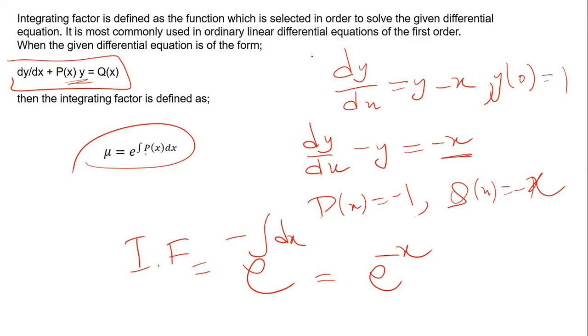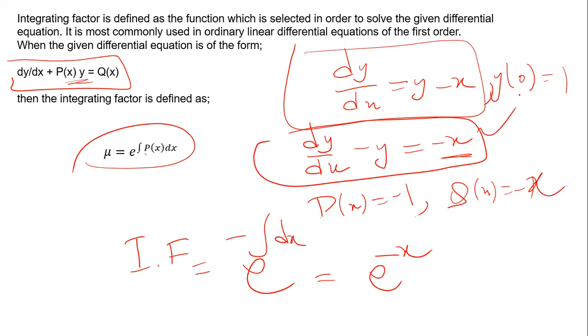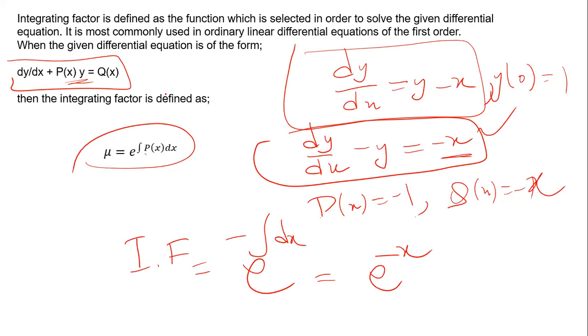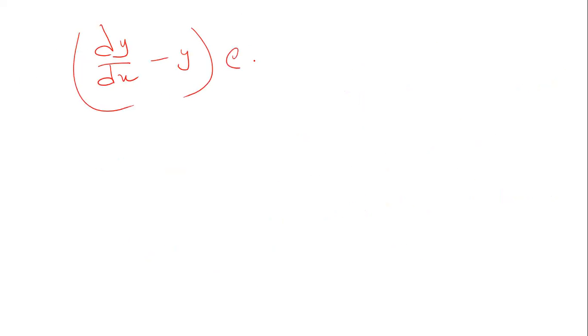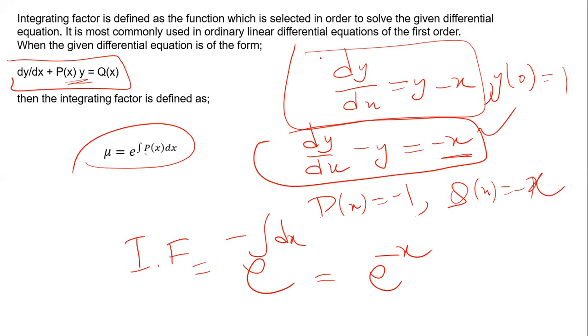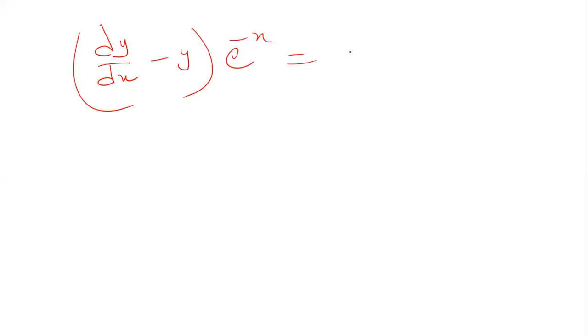So you just multiply this equation with your integrating factor. What we have is dy upon dx minus y, into my integrating factor e to the power minus x. The right hand side is minus x into e to the power minus x.